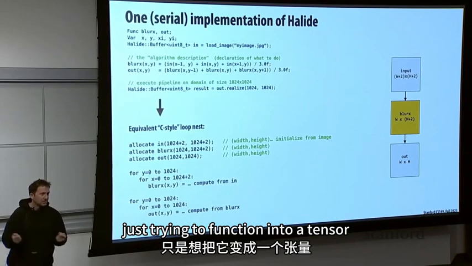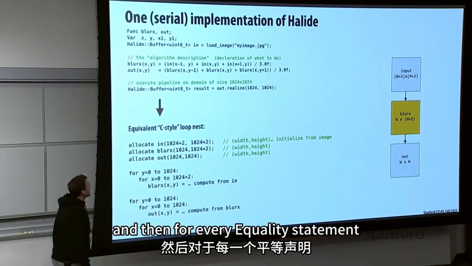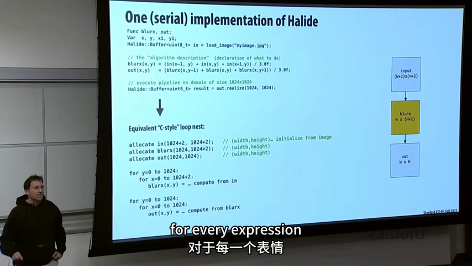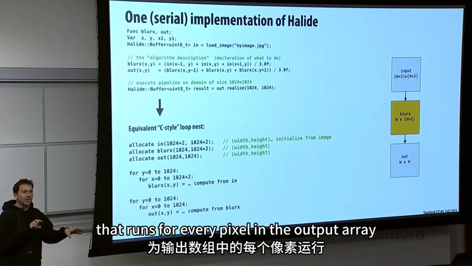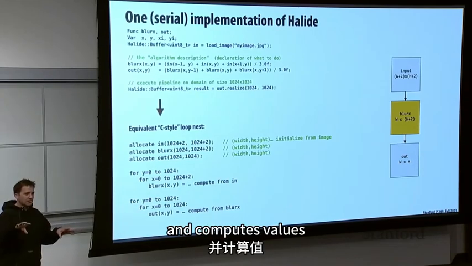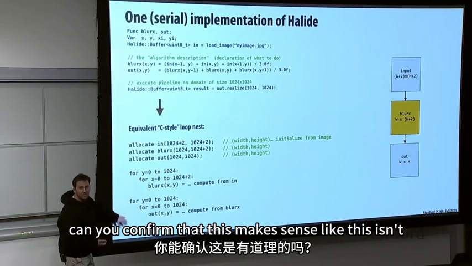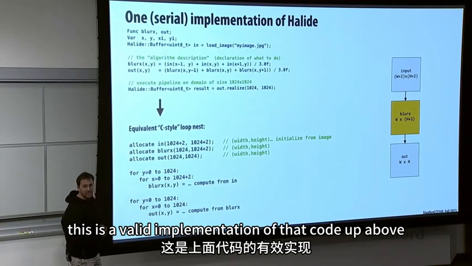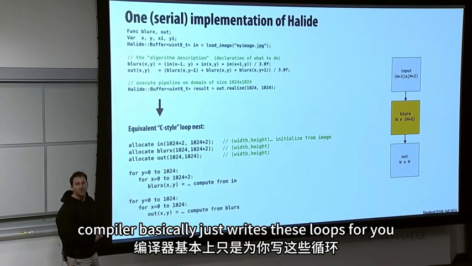Just turn a function into a tensor, a 2D array or a matrix. And then for every equality statement, for every expression, that is an operation that runs for every pixel in the output array and computes values. Right? So, in some sense, can you confirm that this makes sense? Like this is a valid implementation of that code up above. So the Halide compiler basically just writes these loops for you.